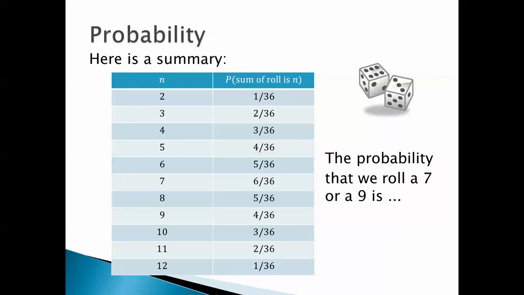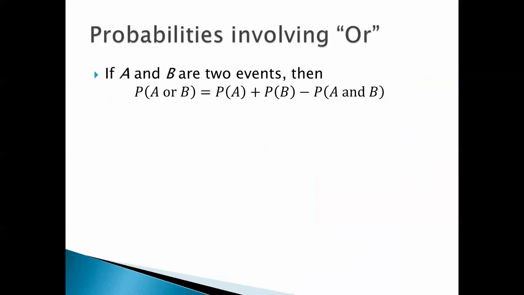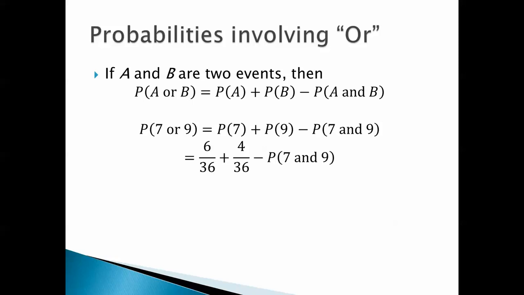So the probability that we roll a 7 or a 9 is, well, let's use this formula again. If A and B are two events, then the probability of A or B is the probability of A plus the probability of B minus the probability of A and B. So the probability of 7 or 9 is the probability of 7, which is 6 over 36, plus the probability of 9, which is 4 out of 36, minus the probability of 7 and 9.